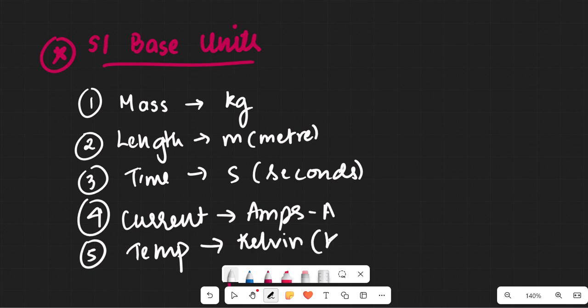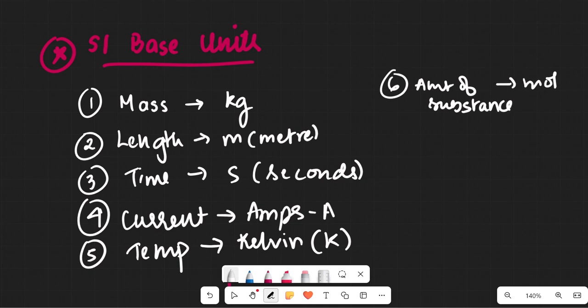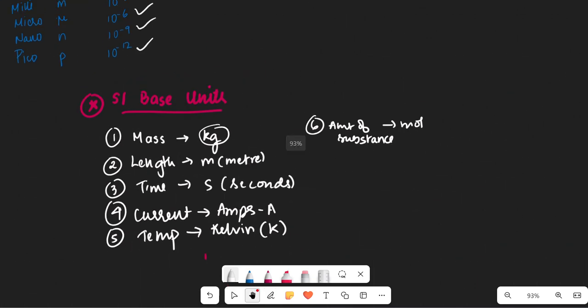It's not in degrees Celsius, it's always in Kelvin with a capital K. Sixth one is amount of substance, which those of you who do chemistry would know is moles. So there are 6 SI base units: 1, 2, 3, 4, 5, 6. You guys need to know the base units and their units. It's very important to learn this.